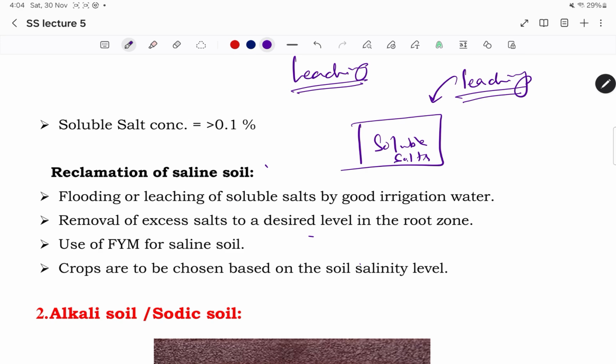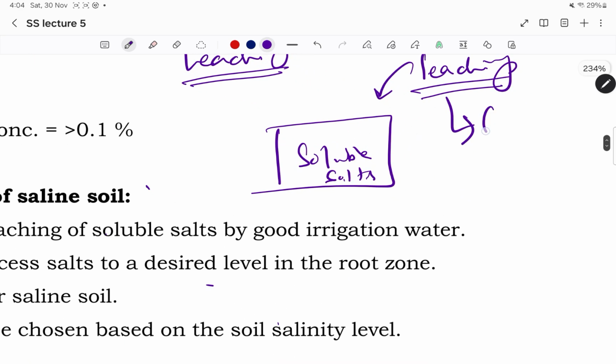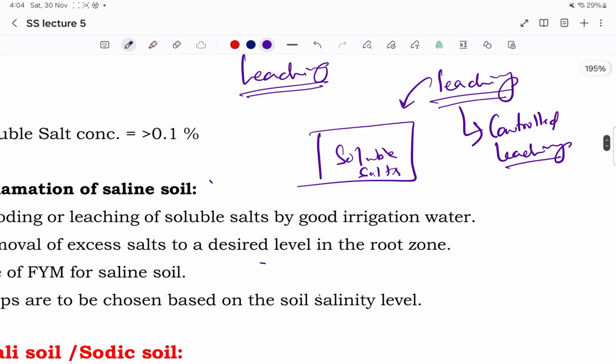And we have to follow controlled leaching, because there are some salts which are beneficial for plant growth. We have to maintain some salt concentration in the soil. We should not remove all the salts present in the soil. We have to remove only excess salts.